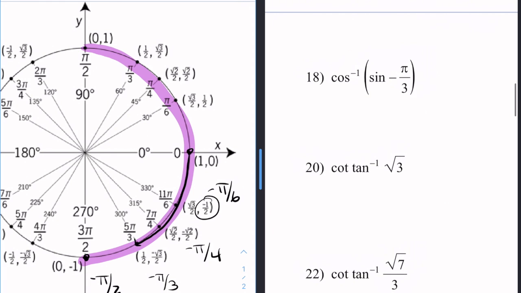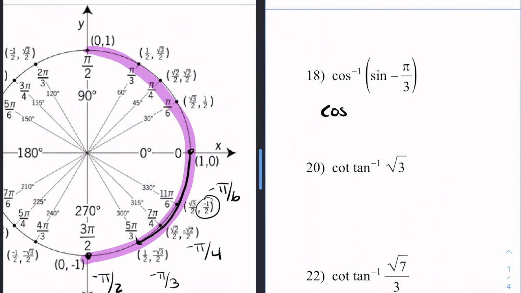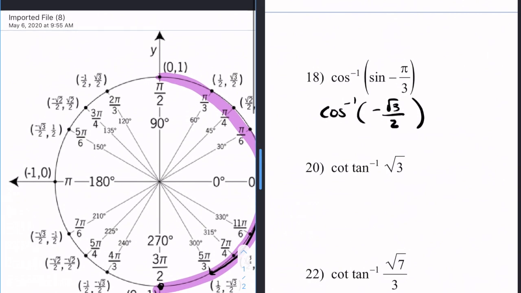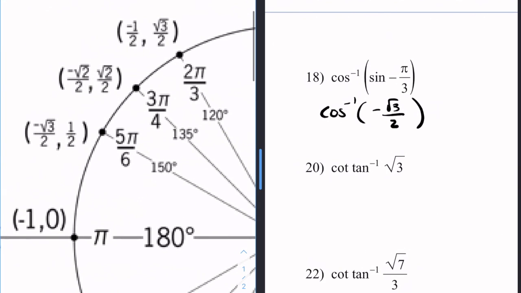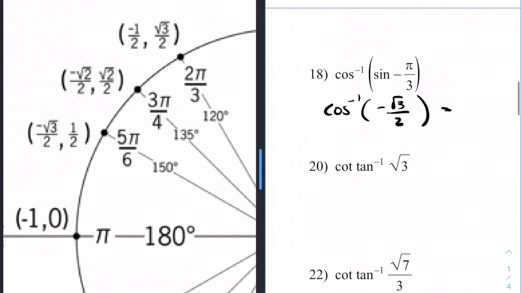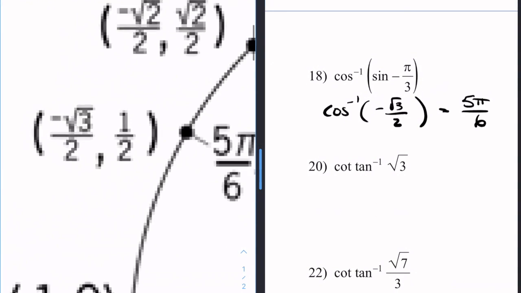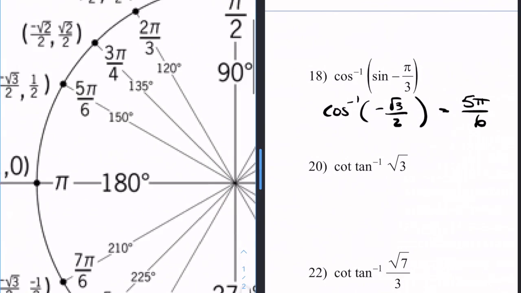So at what angle, inverse cosine, is the x value negative root 3 over 2? Well, we know that this is negative, so we look in the second quadrant, and we're looking for the x value to be negative root 3 over 2, and this angle, therefore, is 5 pi over 6, because that is where the x value is negative.